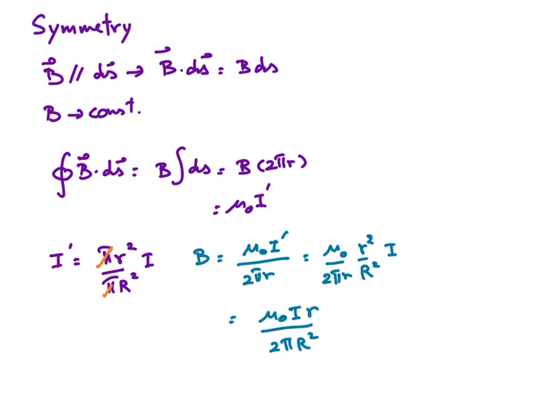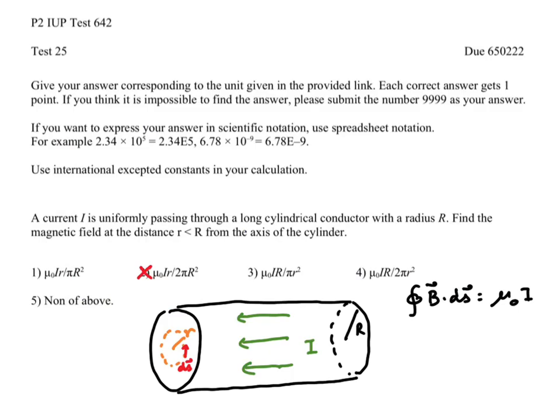And you can see that the small r cancels the square here, so we get the answer, that is mu naught I r over 2 pi big R squared, and the answer is number 2.